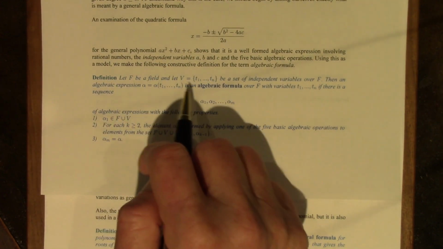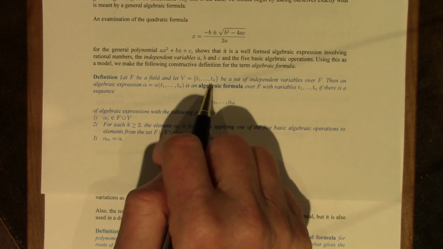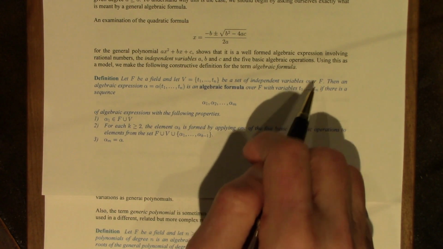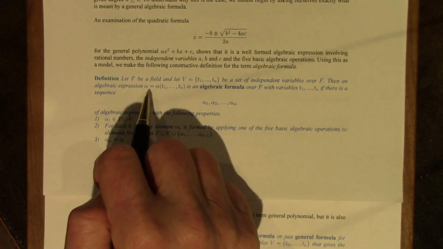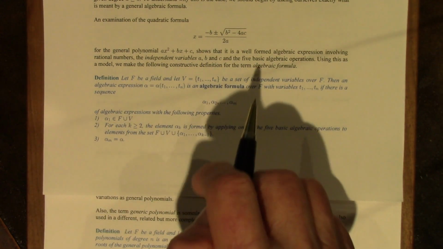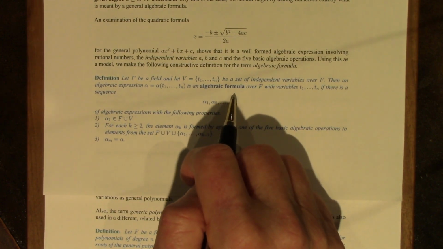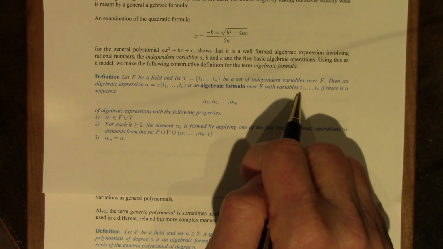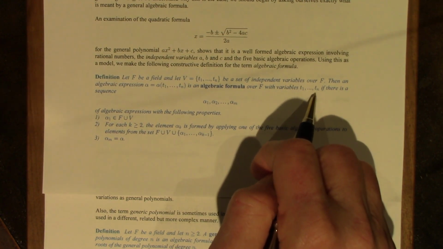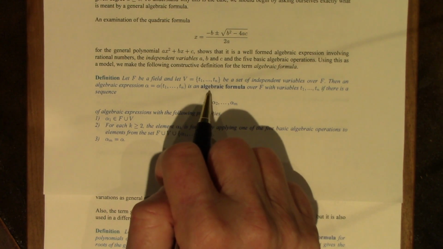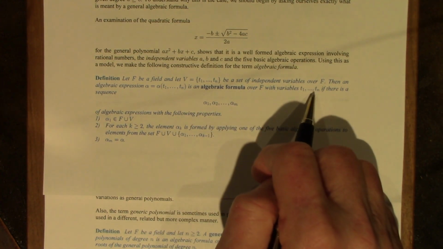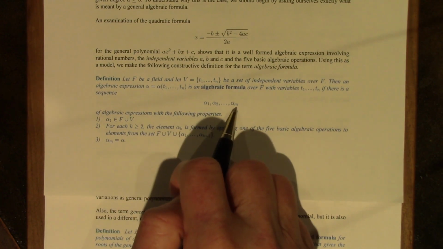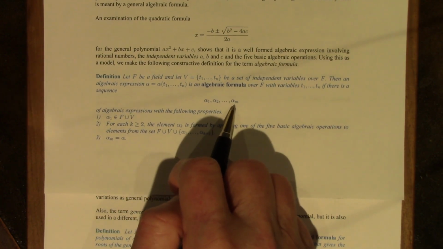Let F be a field and let V be a set T1 through Tn of independent variables over F. Then an algebraic expression alpha is an algebraic formula over F with these variables if, so this is the definition of algebraic formula, there is a sequence alpha 1 through alpha m of algebraic expressions.